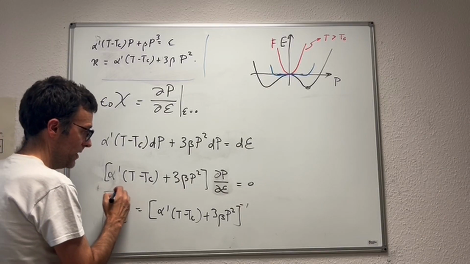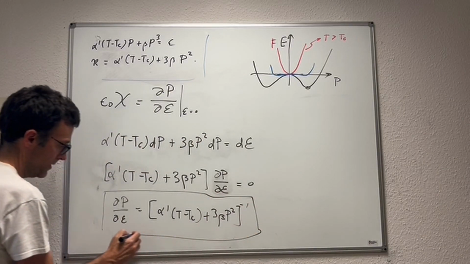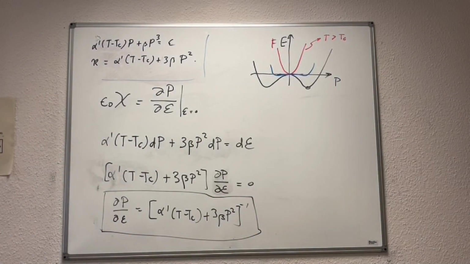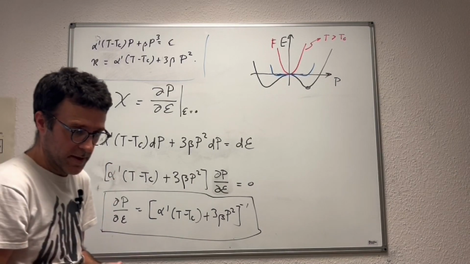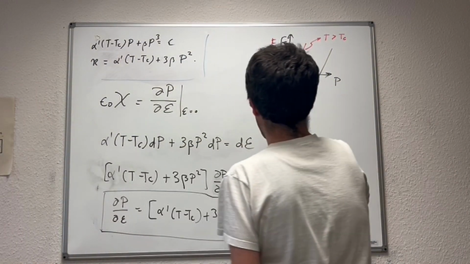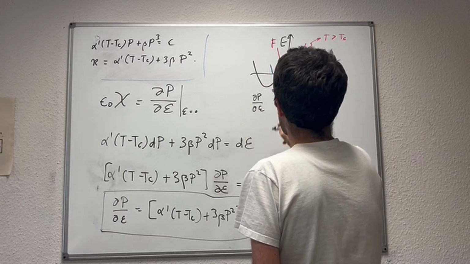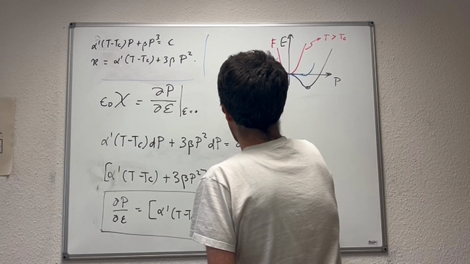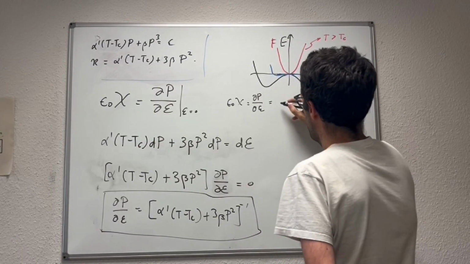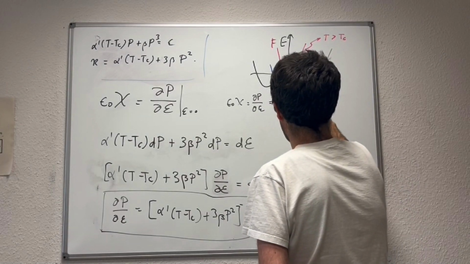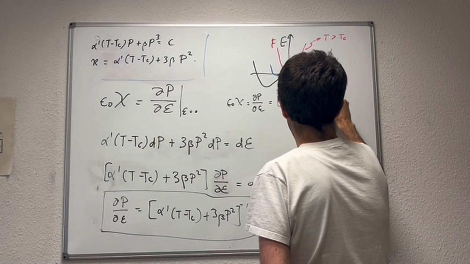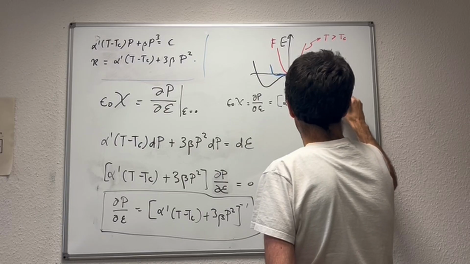So we have obtained a totally general expression for the susceptibility. Let me copy it here, and we are going to evaluate it. So dP/dE, which is equal to epsilon 0 chi, is alpha prime (T minus Tc) minus 3 beta P squared.